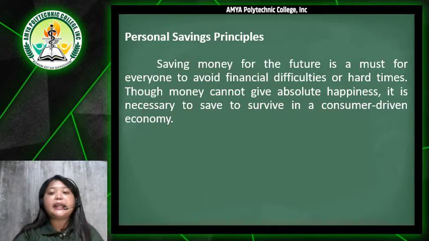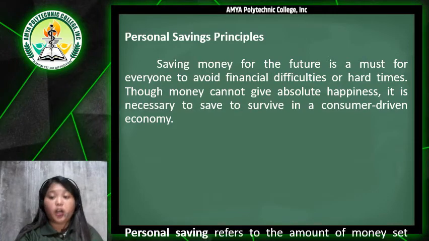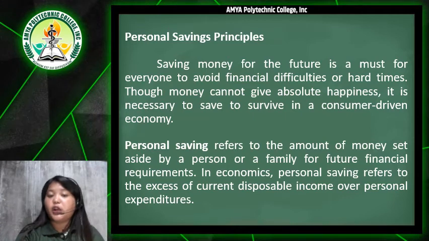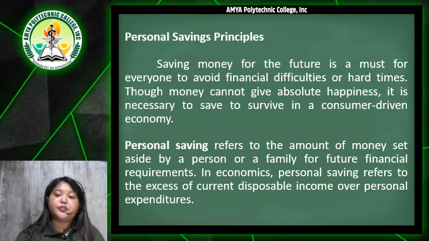Though money cannot give absolute happiness, it is necessary to save to survive in a consumer-driven economy. When you say personal savings, this refers to the amount of money set aside by a person or family for future financial requirements. In economics, personal saving refers to the excess of current disposable income over personal expenditures.